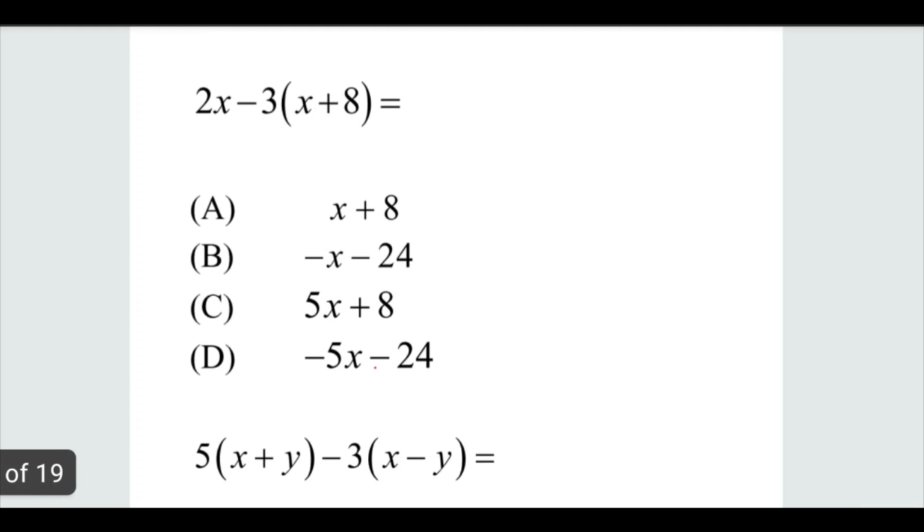Alright, so we continue with this one: 2x minus 3 open bracket x plus 8. This is fairly straightforward. First thing you do is distribute the 3 to here and to there.